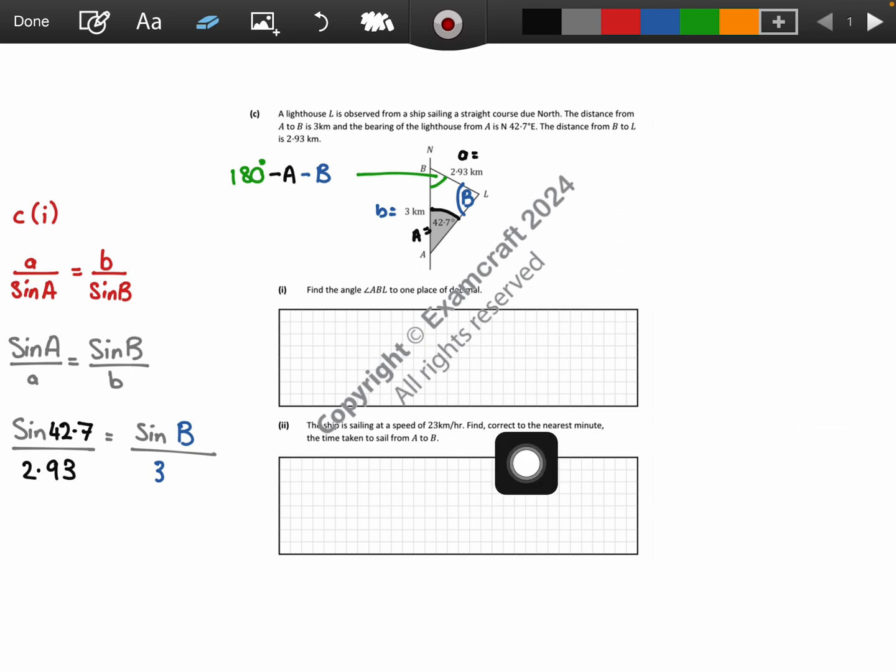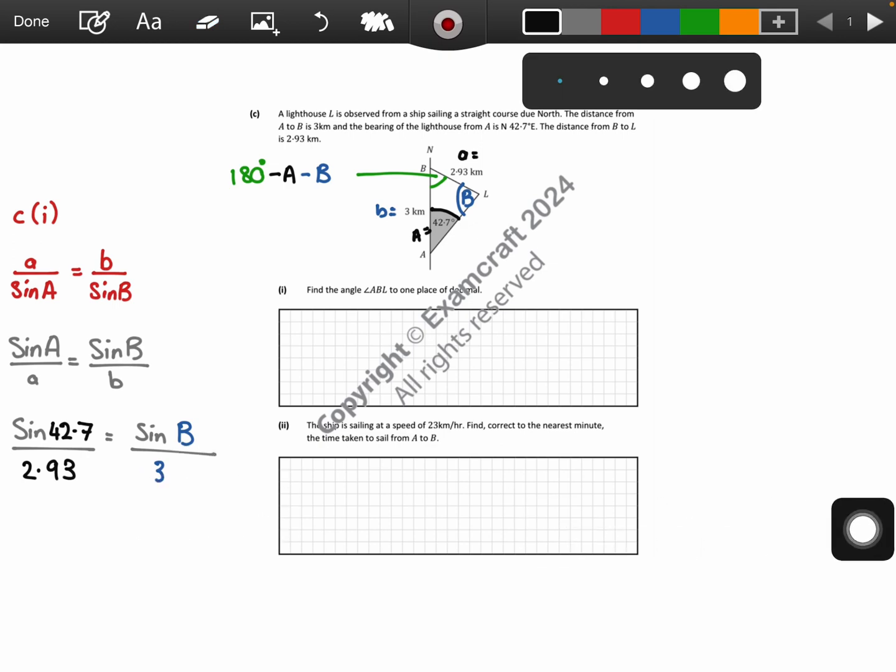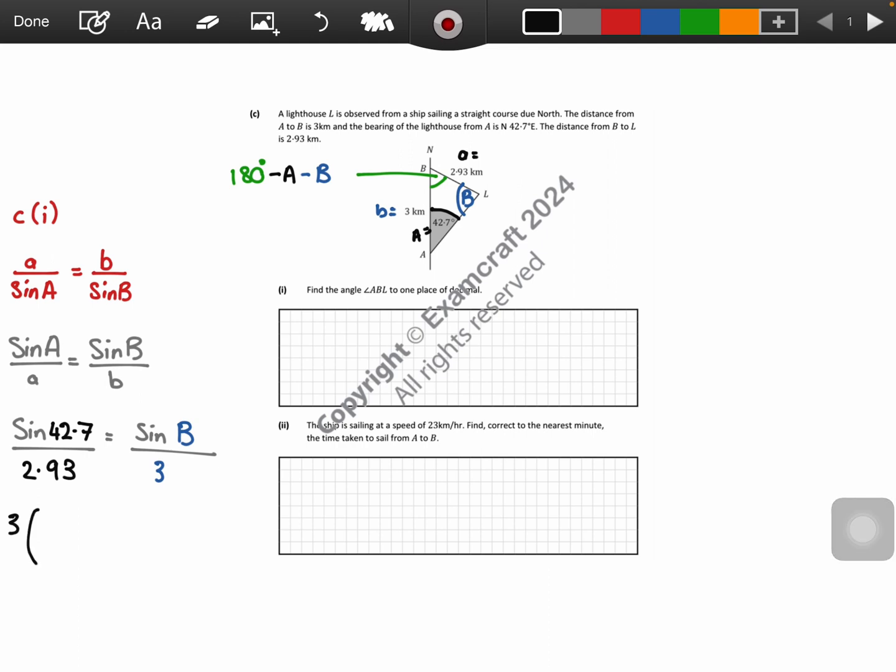Okay, so we need to find what B is here. So we need to get this capital B on a side by itself, get rid of the 3 that's dividing by multiplying across by 3. So I'm going to get 3 times sine 42.7 over 2.93, and that's what sine B is going to be equal to. Okay, I'm not actually looking for sine B, I'm looking for B by itself.